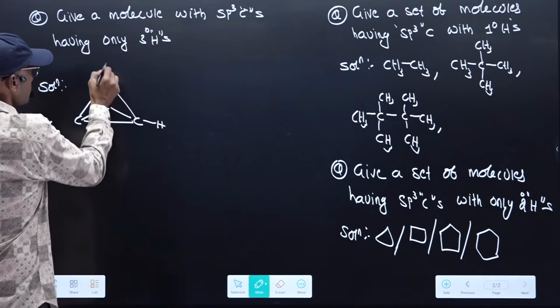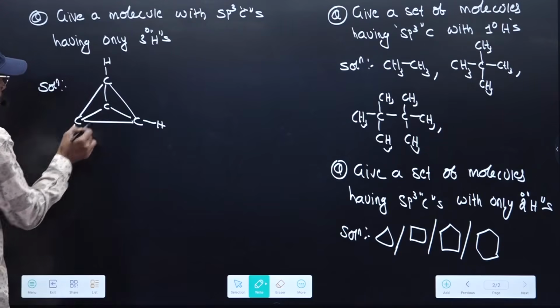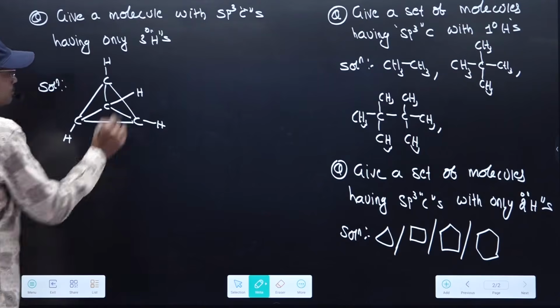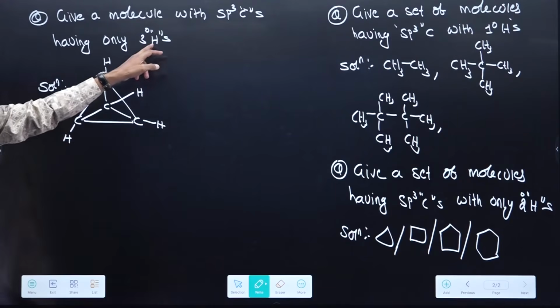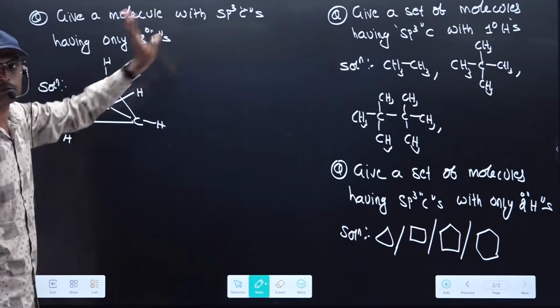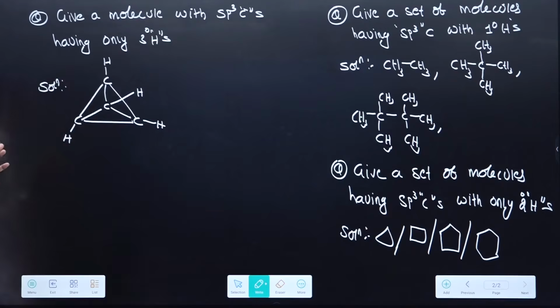So here 1 hydrogen, here 1 hydrogen, here 1 hydrogen, and here 1 more hydrogen. In this molecule, how many hydrogens are present? 4. The 4 hydrogens belong to which type? Tertiary. What is the hybridization? sp3.